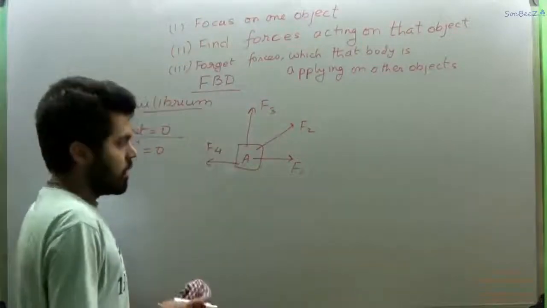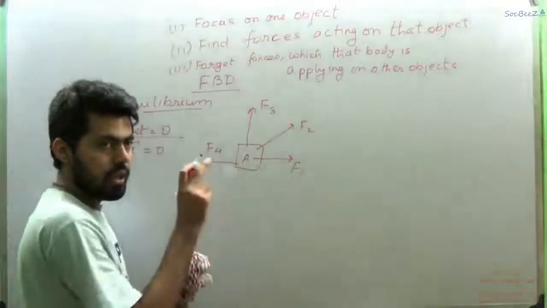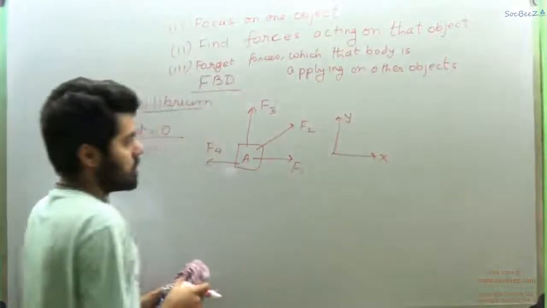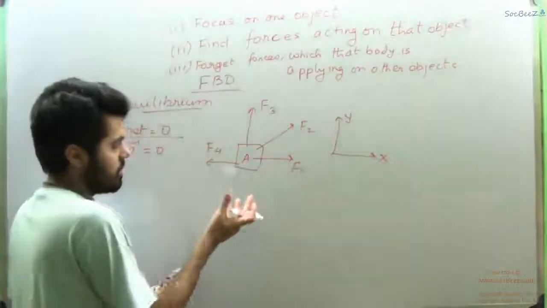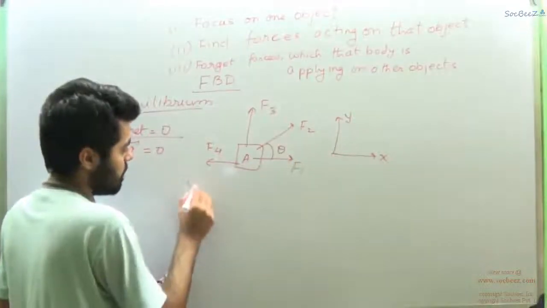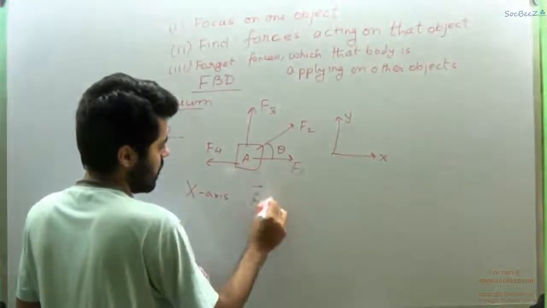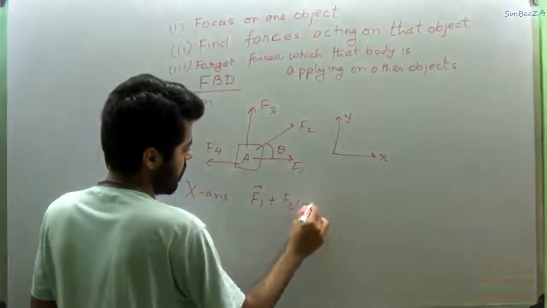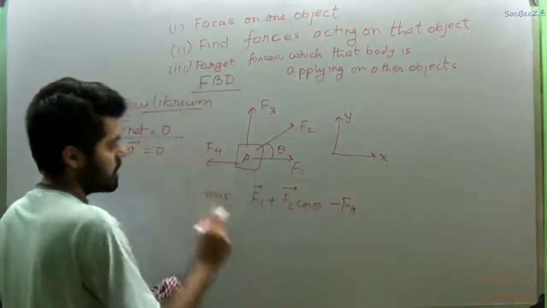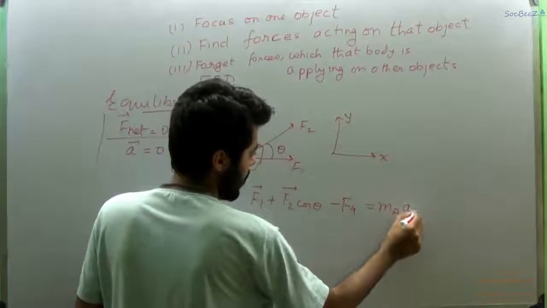If the forces are not in one line, then we have to take into consideration forces along X and forces along Y. It's very obvious that it's a vector quantity, so suppose this is the angle theta, and we write first for the X axis: F1 plus F2 cos theta minus F4, since it's just 180 degrees opposite, and that will be equal to mass of object A into acceleration of the object along X.